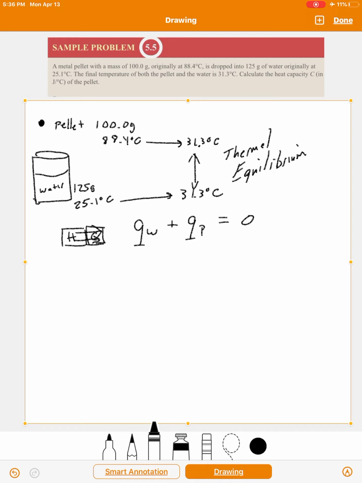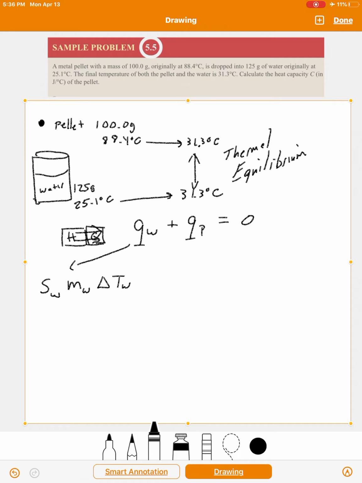We know the mass of the water. We can look up the specific heat of water. So I'm going to write this Q of water as S of water times the mass of the water times the change in the temperature of the water, right?